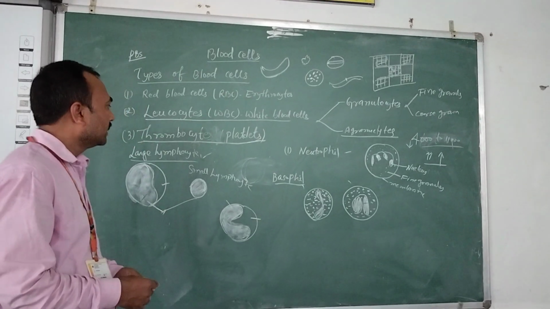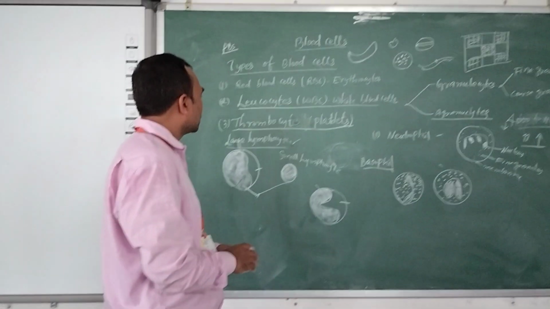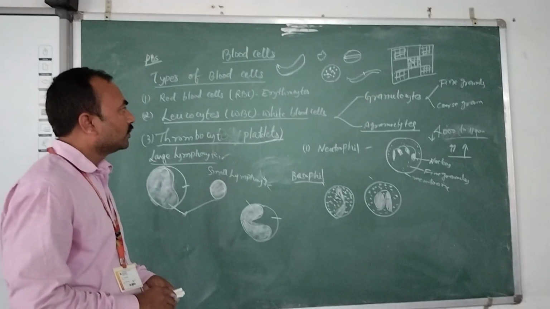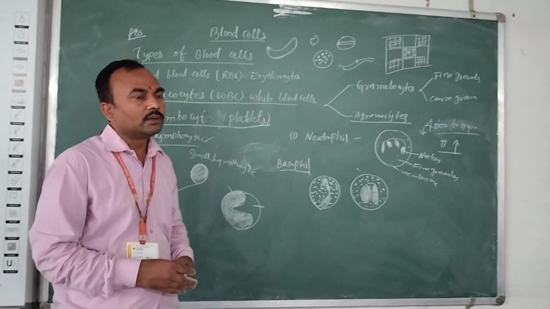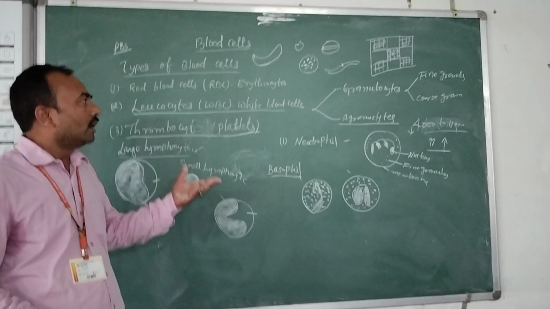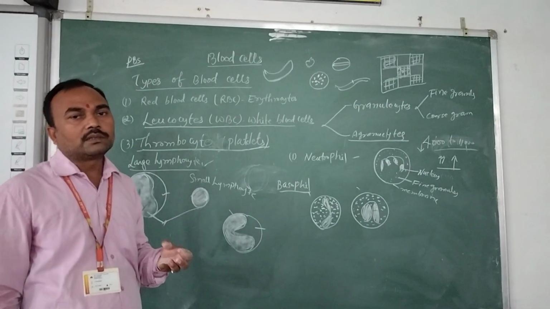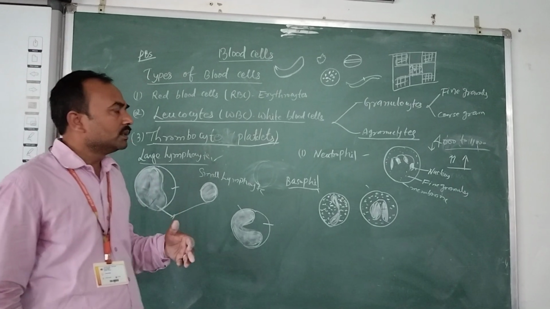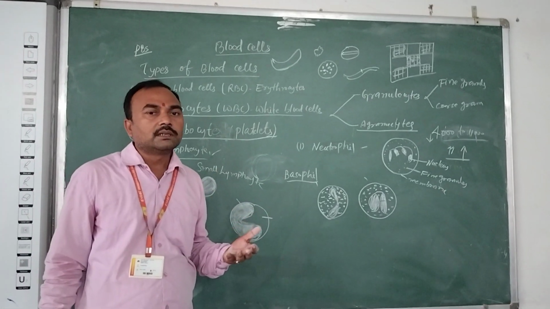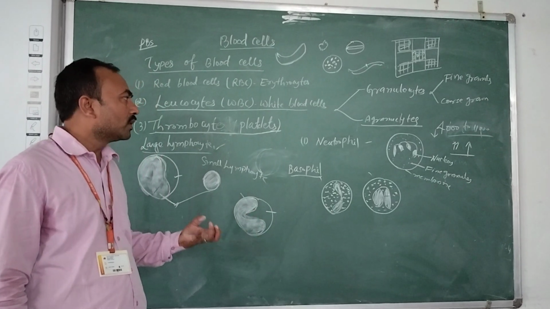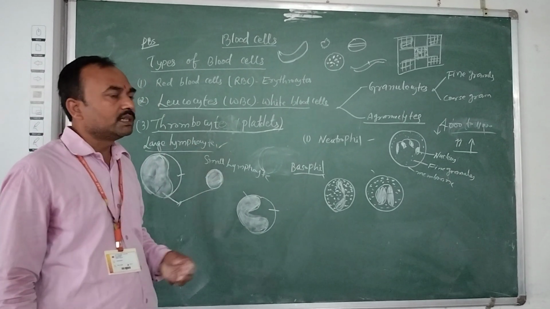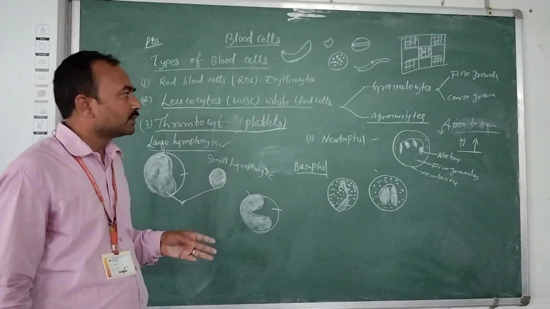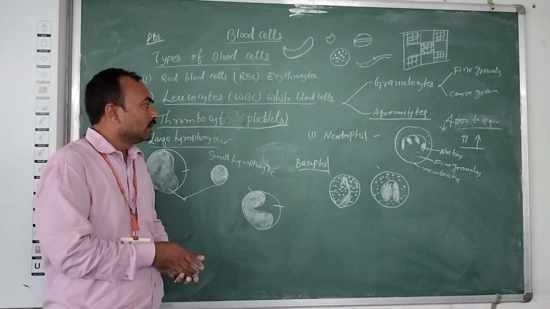Next cell is thrombocytes, I mean platelets. Platelets can be counted the same way, or we can directly count them through the peripheral blood smear also. If the number is higher, we can find more platelets present in the peripheral blood smear. How do I prepare that peripheral smear?